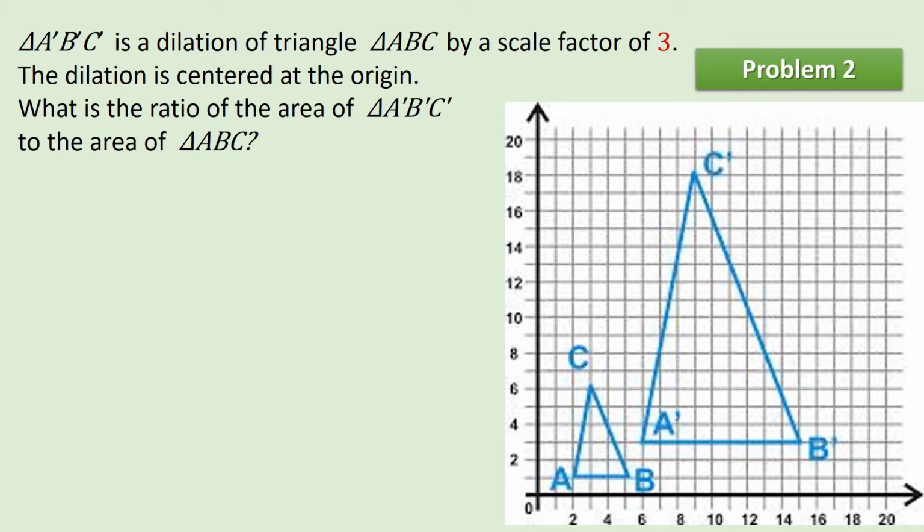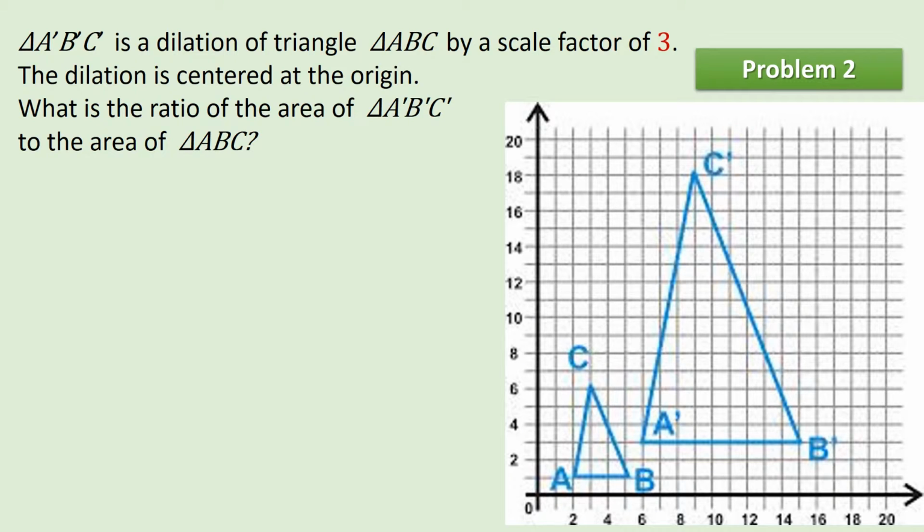Now, what they want to know this time in problem number 2 is: what is the ratio of the area of triangle A prime, B prime, C prime to the area of triangle ABC? What can we do to the area of ABC to get the area of triangle A prime, B prime, C prime if we know the scalar?